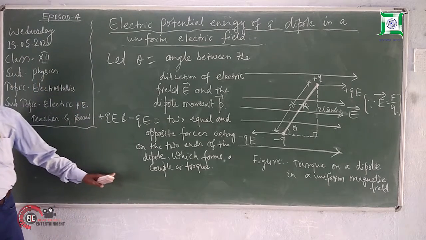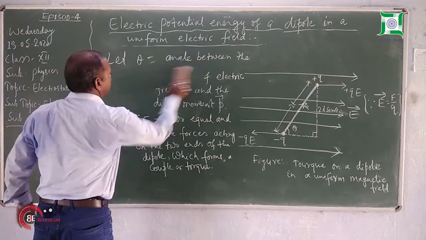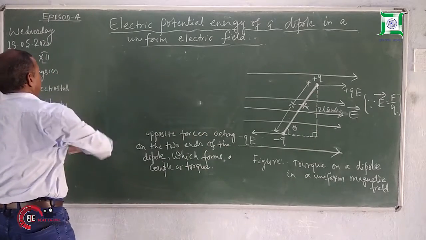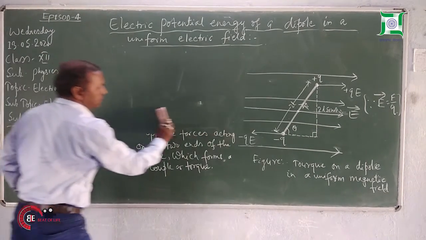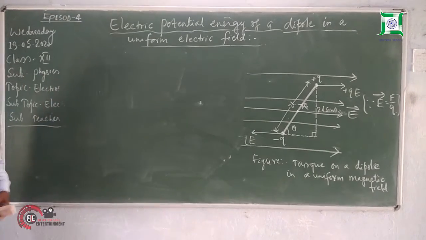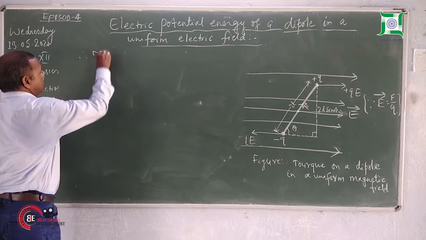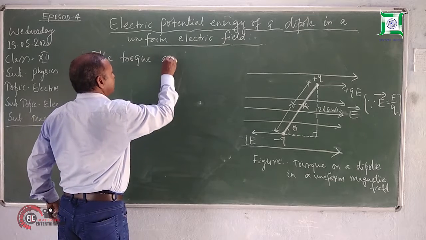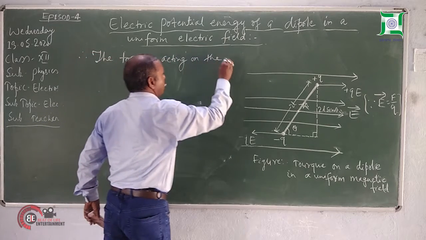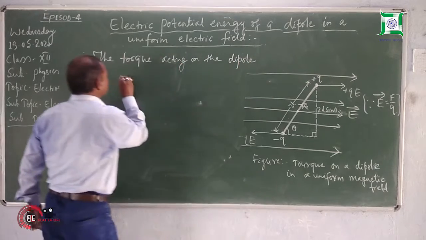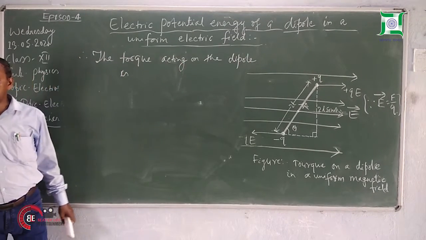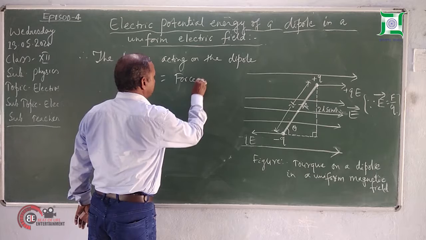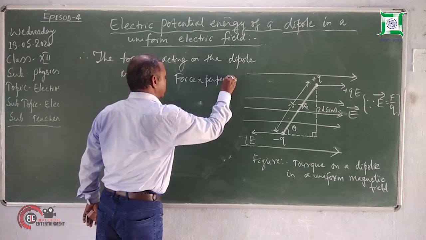So we write, hence the torque acting on the dipole is, this torque is written by the symbol tau is equal to force into perpendicular distance.